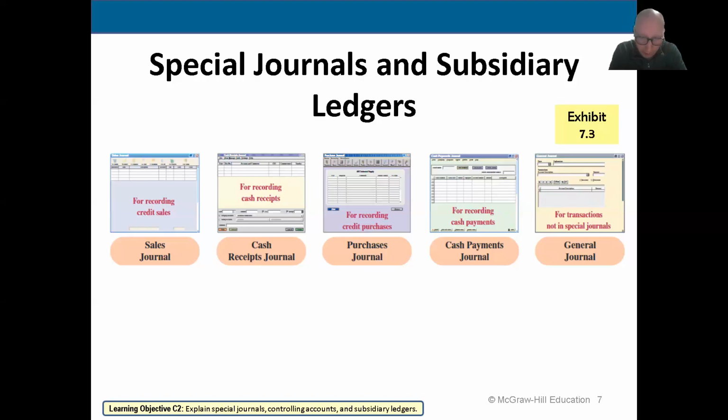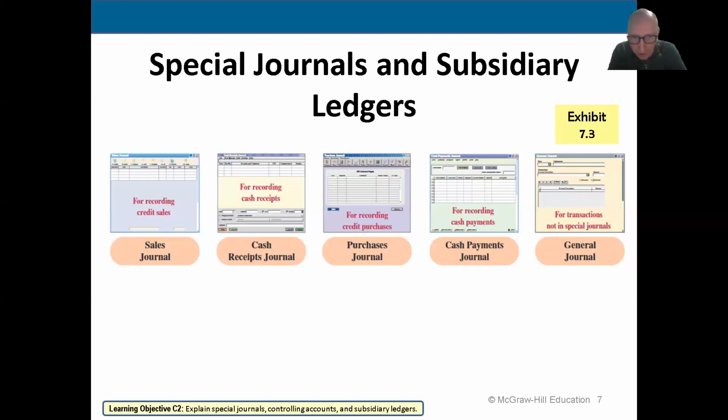All of those accounts are listed on what we call our chart of accounts. We talked about that a few weeks ago. Each of those accounts represents a subsidiary ledger. And in this example, we can see our subsidiary ledger accounts.